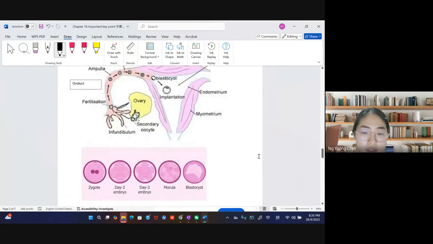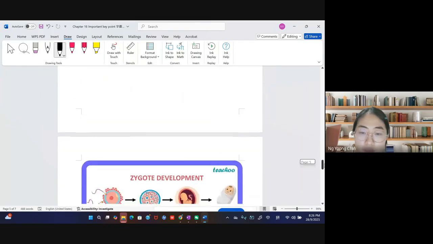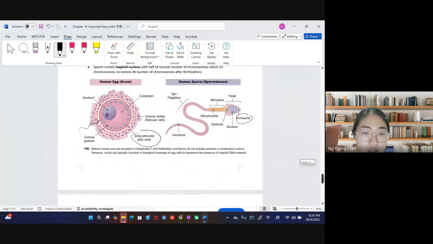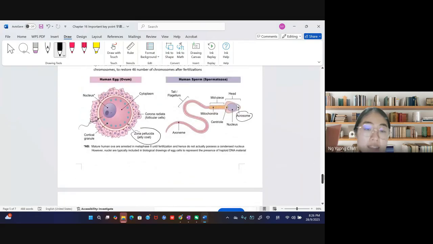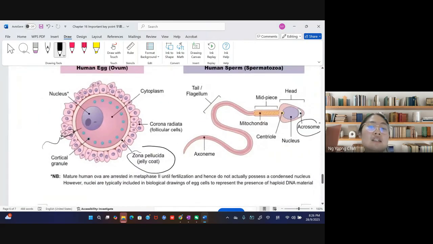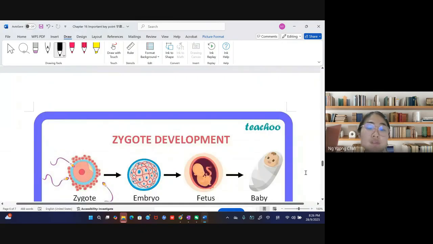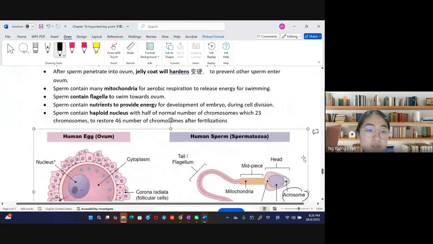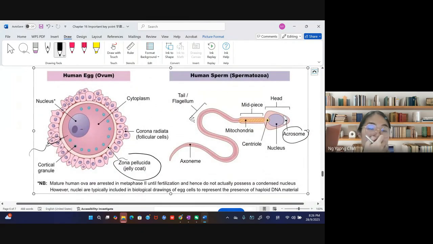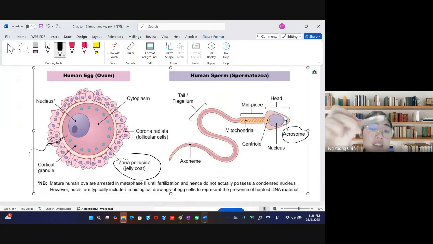Where is it? Waiting for a while, yeah. Jelly coat. See? You can draw like this. It's a very nice picture for you, right? So, yeah. This draws a nucleus inside. And then there will be a layer, okay?